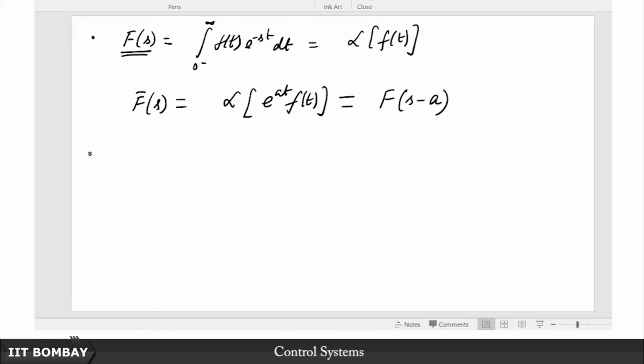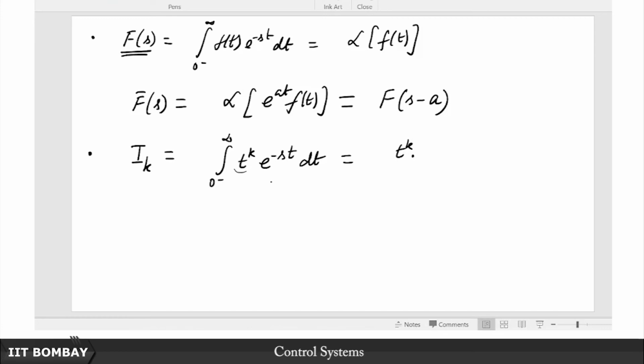The second property, before that we will take this integral. Let us define an integral I_k, subscript k, like so: the integral from 0 minus to infinity of t^k e^(-st) dt, and we will do this integration by parts. If we integrate by parts, we keep this part fixed.